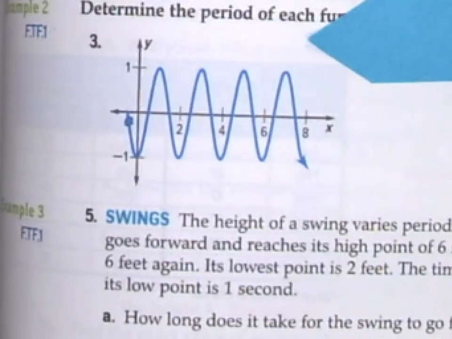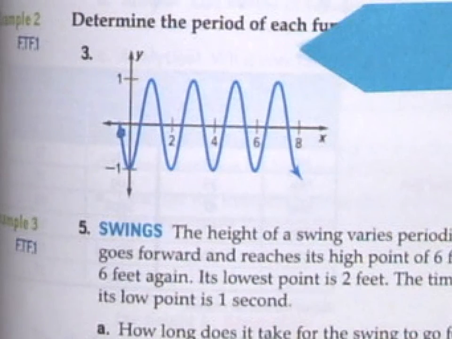Okay, what about this one? This one doesn't have degrees or radians, it just has numbers. This one is kind of what sine and cosine actually look like in a picture, without degrees or radians, obviously.